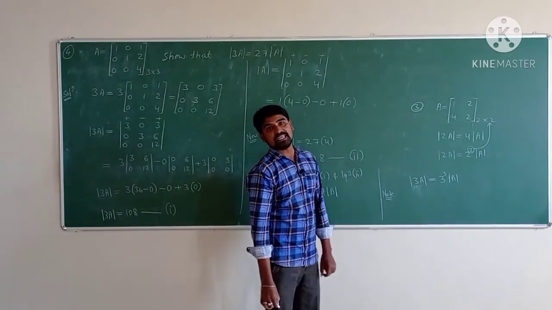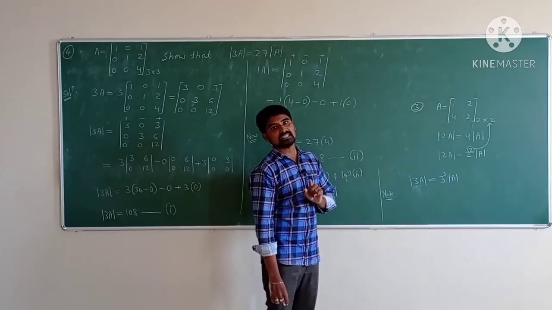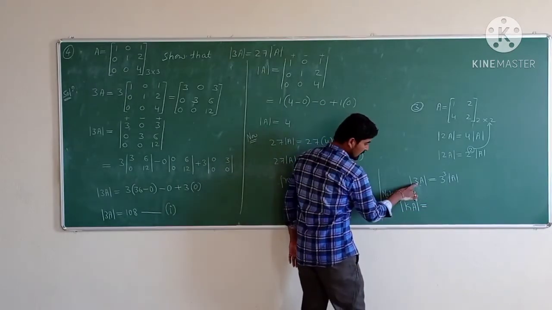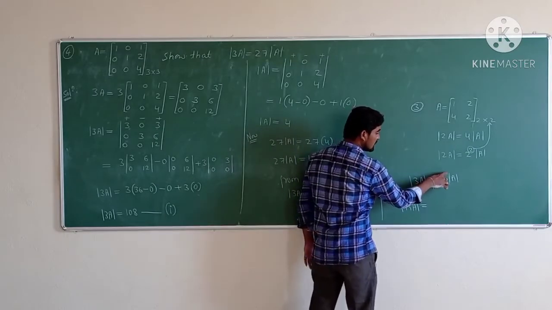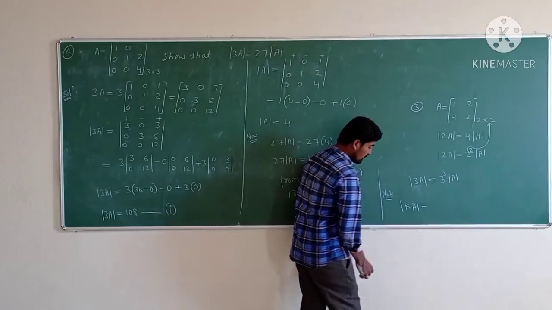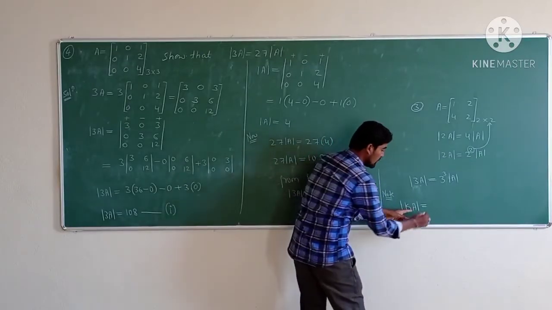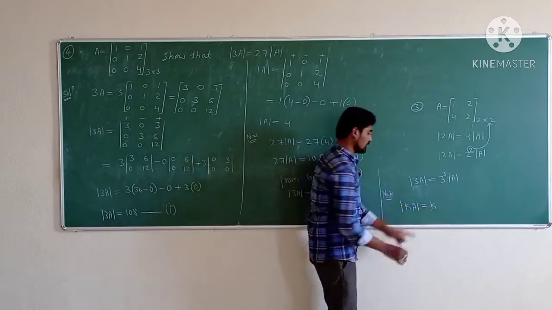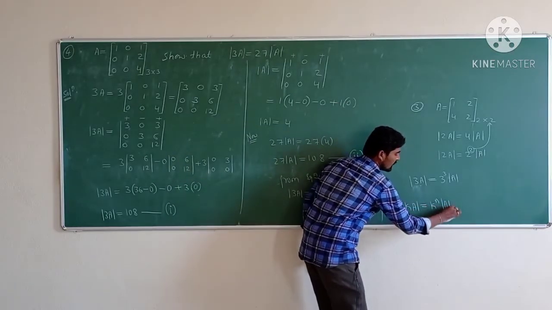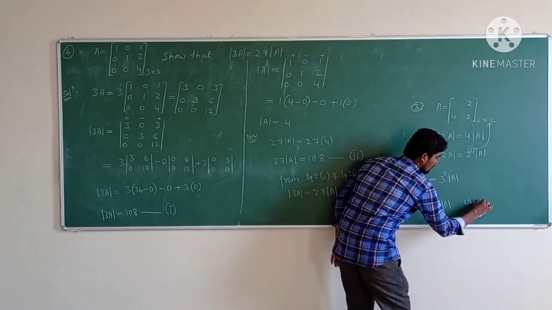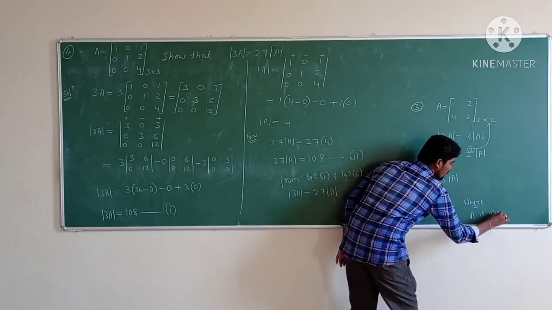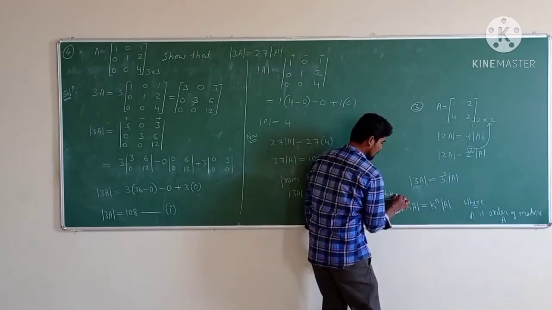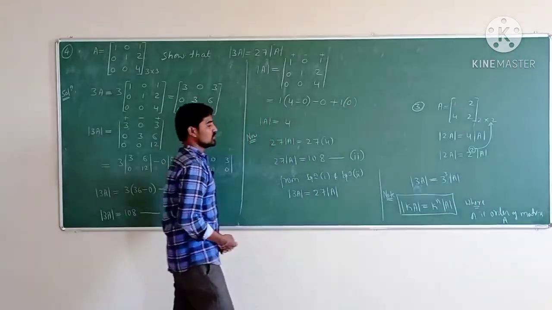In general, if A is a matrix of order n, meaning n cross n, then determinant of kA is equal to k power n into determinant of A, where n is the order of the matrix A. For 3A it was 3 cube, where this 3 is the order of the matrix A. And this is one of the important formulas. I hope all of you understood.